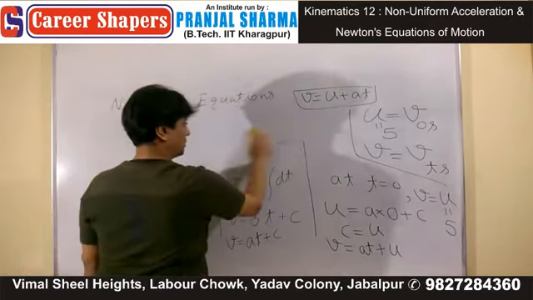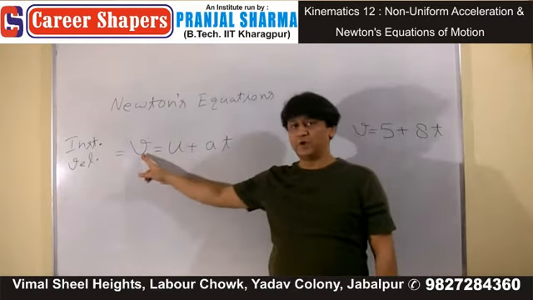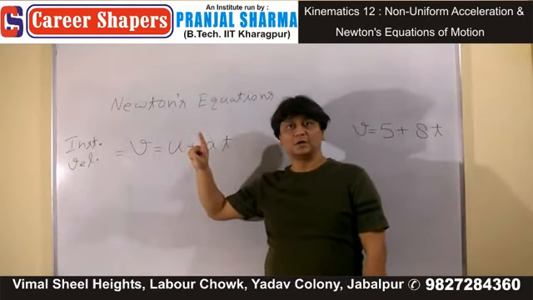That is correct. Final velocity means velocity when time is t. But velocity when time is t is called instantaneous velocity. v is final velocity, which is correct. Final means when time is t. At time t, velocity has a name: instantaneous.